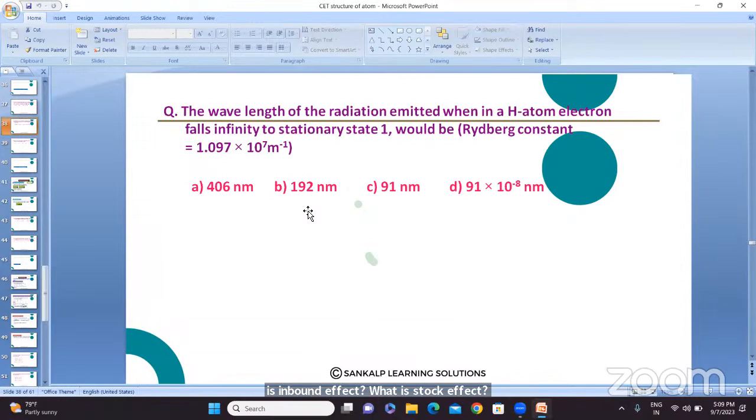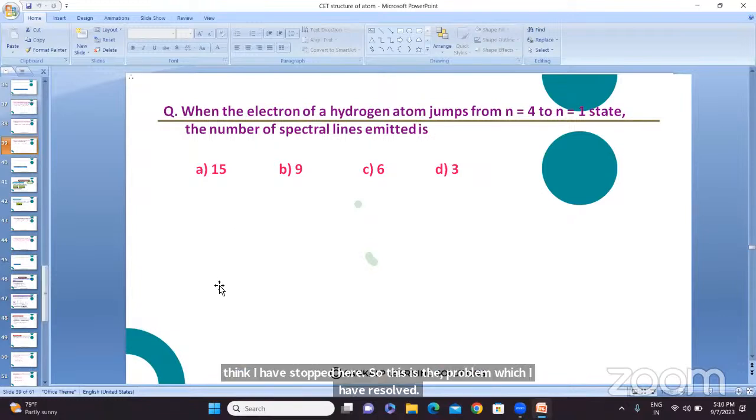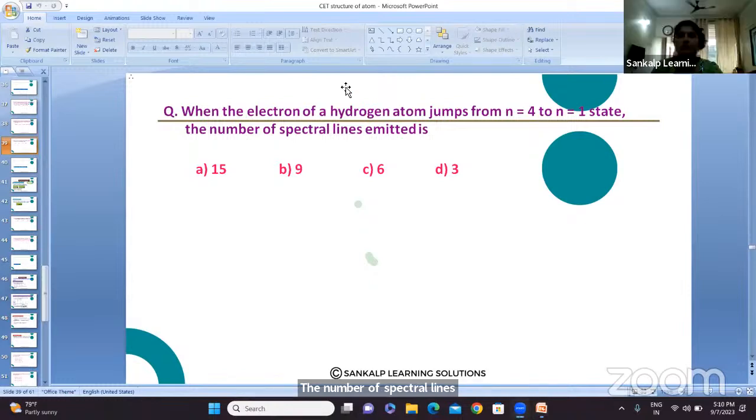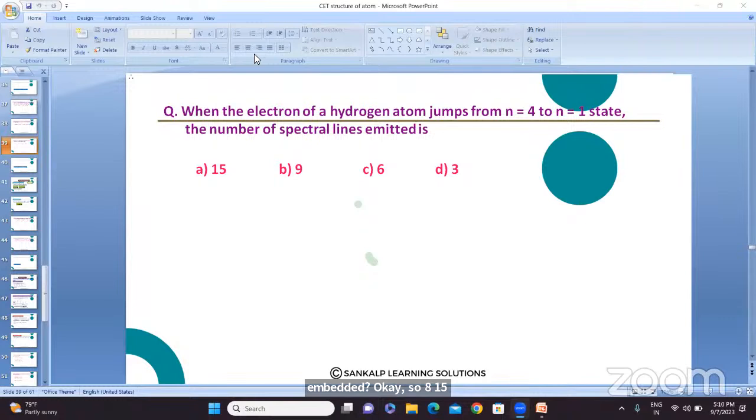I think I stopped here, so this is the problem I have to solve. When the electron of a hydrogen atom jumps from n equals 4 to n equals 1 state, the number of spectral lines emitted is: A 15, B 9, C 6, D 3.